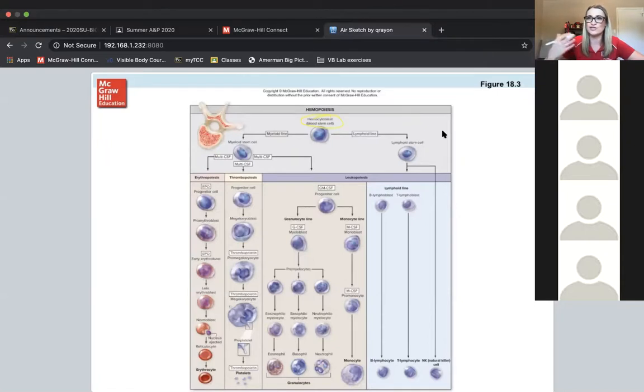Line, in this sense, just means a pathway. That's the pathway that it takes. So I'm going to start from the lymphoid line here.